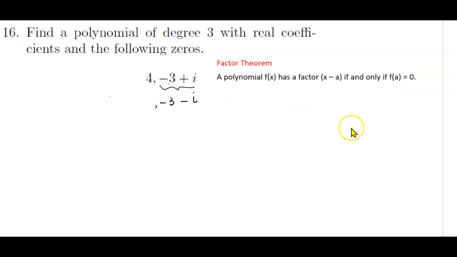Now, according to the factor theorem, if a is a zero, so f of a is 0, then x minus a will be a factor of the polynomial.